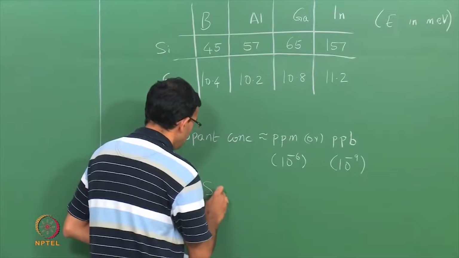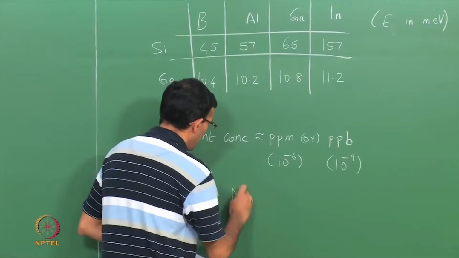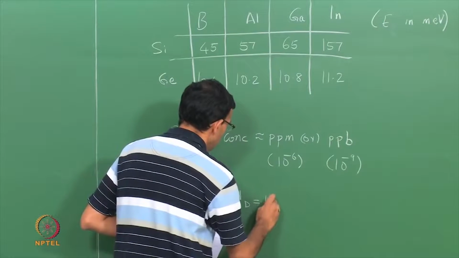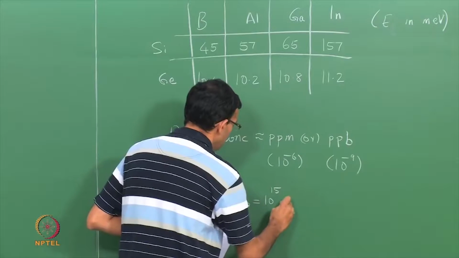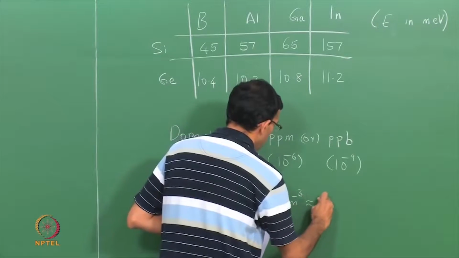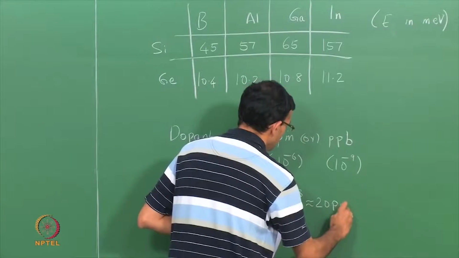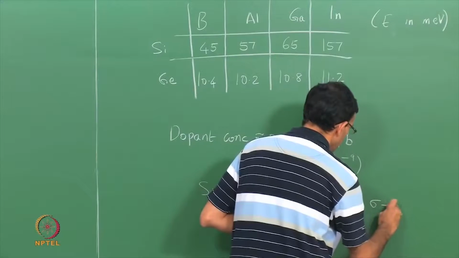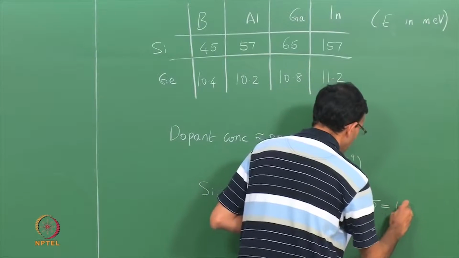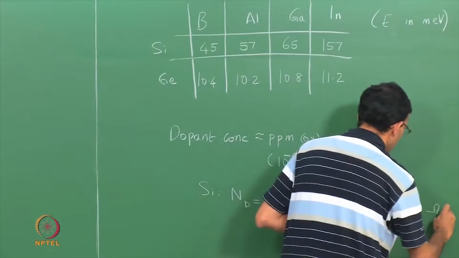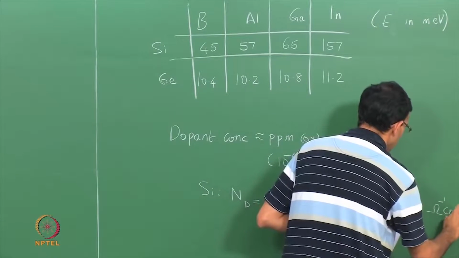So, we saw for silicon, if I had an n type dopant with 10 to the 15 atoms per centimeter cube, which was approximately 20 parts per billion, your conductivity sigma went up to around 0.2 ohm inverse centimeter.